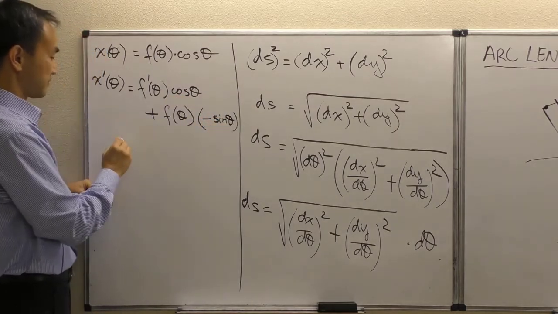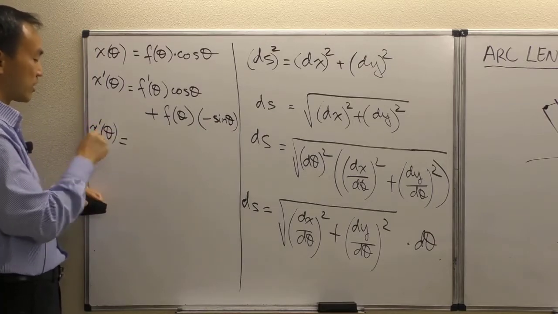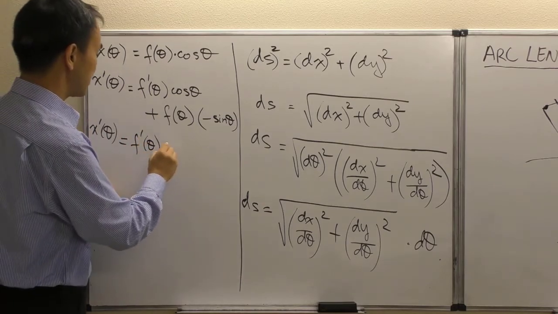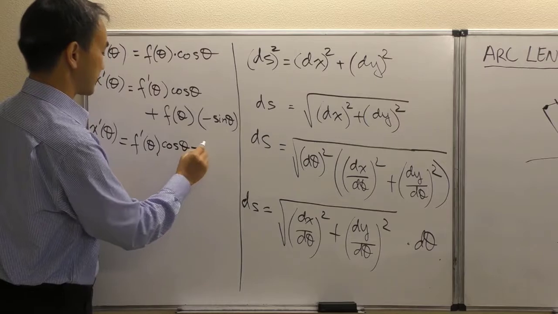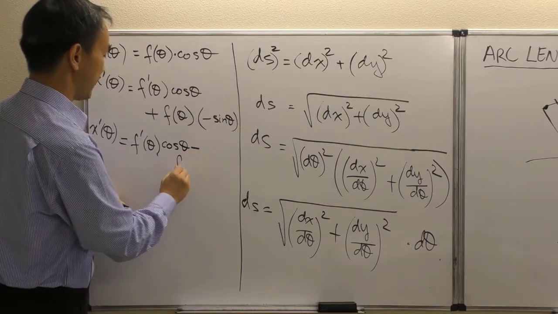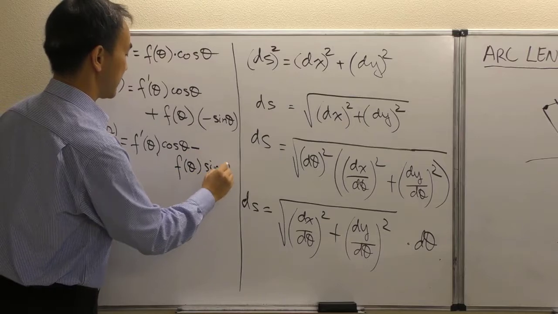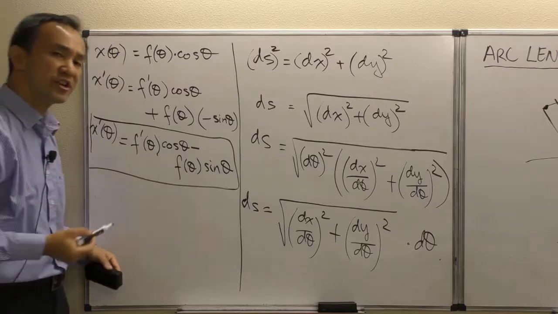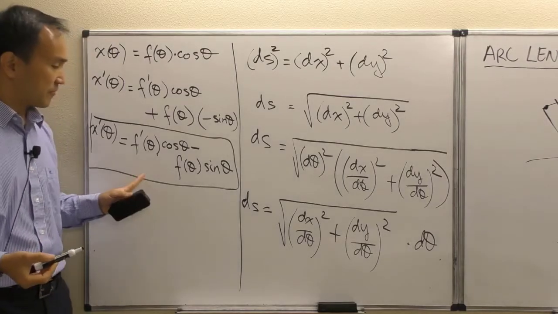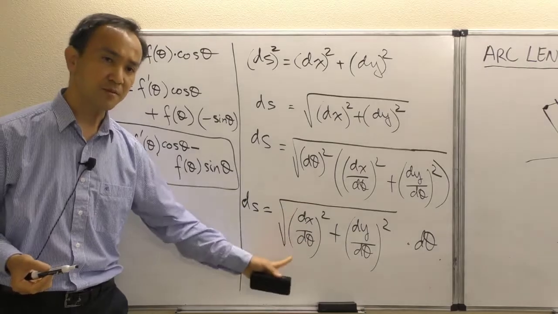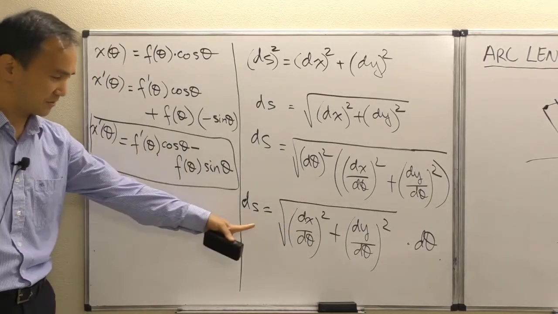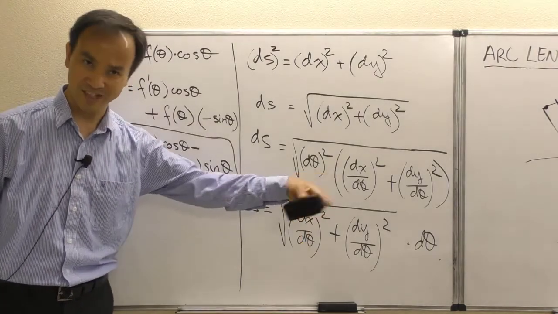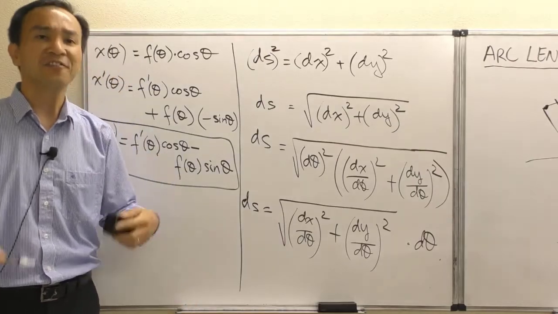Or in other words, x prime of theta, the derivative of x in terms of theta, is f prime of theta times cosine of theta minus f of theta times sine of theta. That's another important relationship that we derived so that we can eventually serve this purpose. Later on I'm going to substitute that expression in here, and then the square is going to take that into a whole next level of fascination.